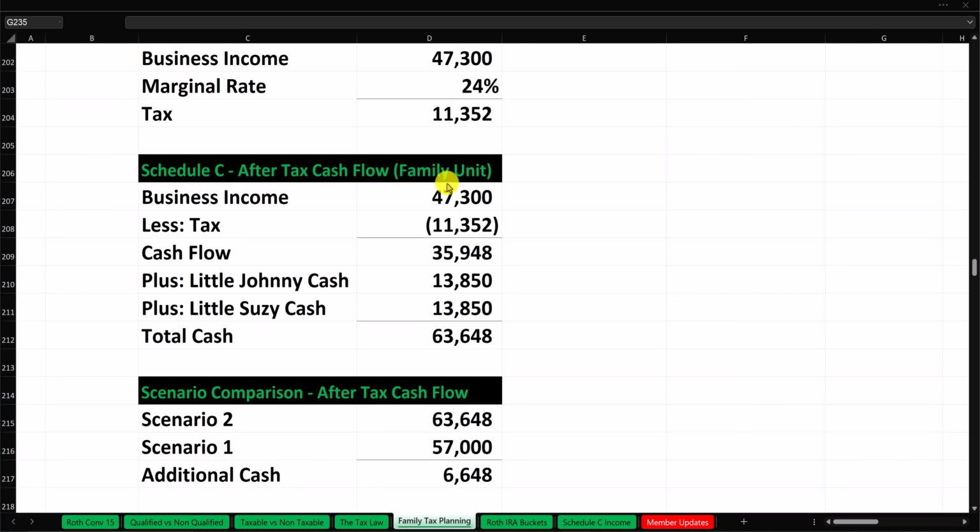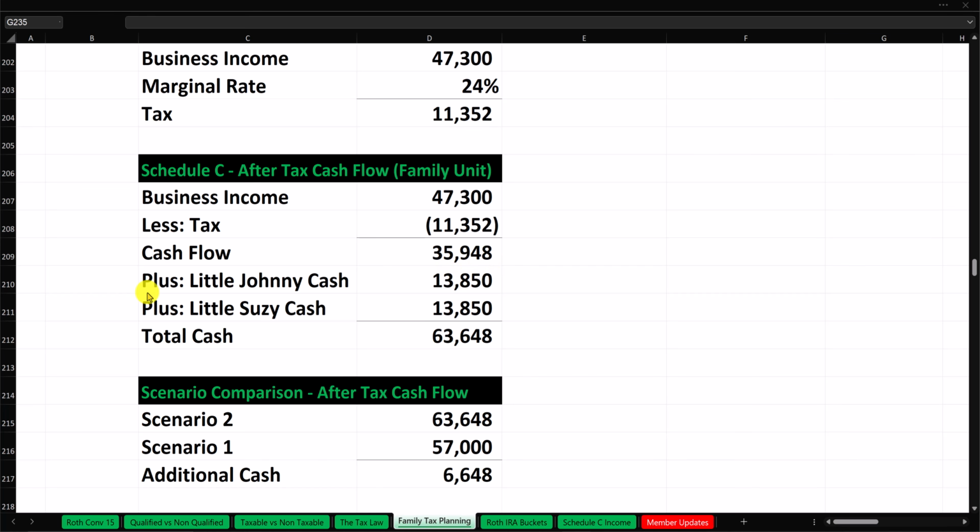So now let's do an after-tax cash flow comparison for this Schedule C business. And remember, we're looking at the family unit as a whole. So at mom and dad or grandma and grandpa's level, we have the business income of $47,300. Now we take away the new calculated amount of tax of $11,352, resulting in after-tax cash flow specific to this Schedule C business of $35,948.